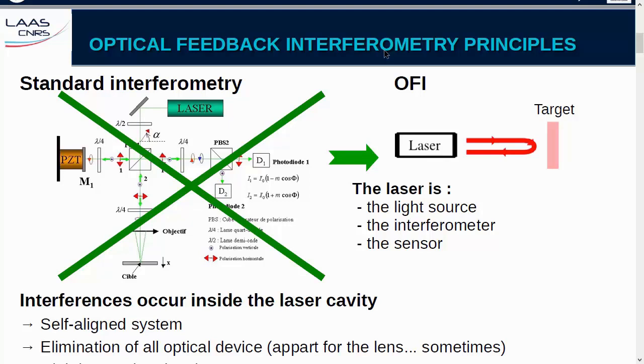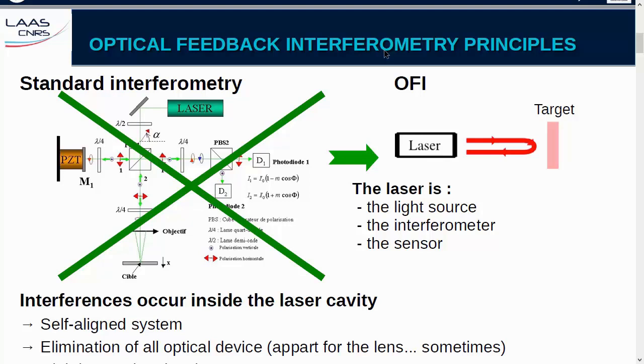The idea is that the laser diode, the laser in general, is the light source, but also the interferometer and the sensor. How does it work? Basically, a laser is beaming onto a target, and some light is captured back inside the laser. This light will interfere with the inner wave inside the laser cavity, and will produce variation of the optical power of the laser.